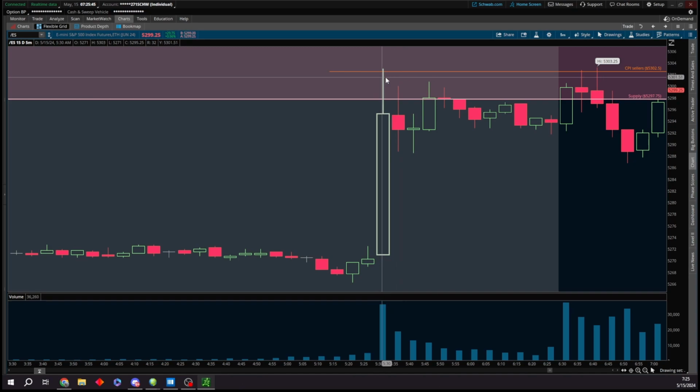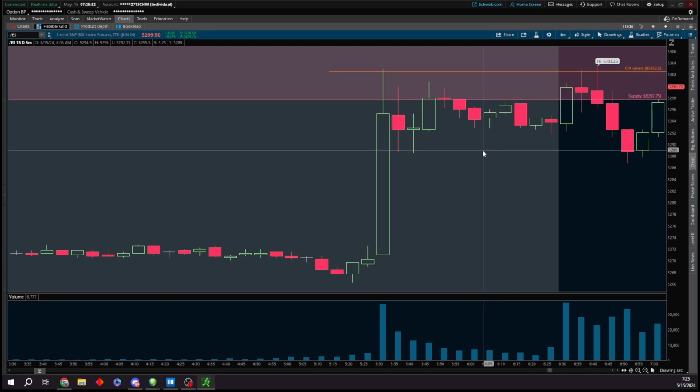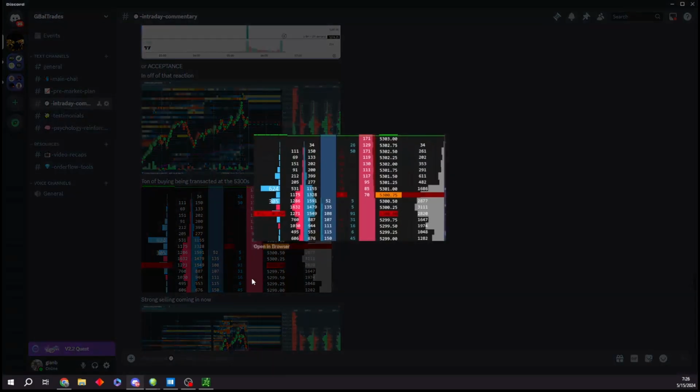And off of that reaction, I got in with risking high of day. And again, like I said, targeting 8.5s, but what I was watching for was a low of day break and this low to get broken first. I also used the DOM and footprint.